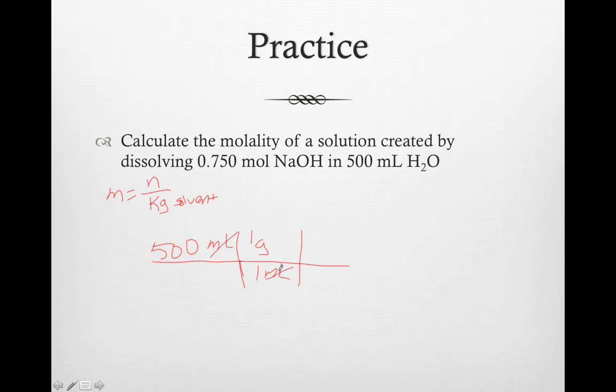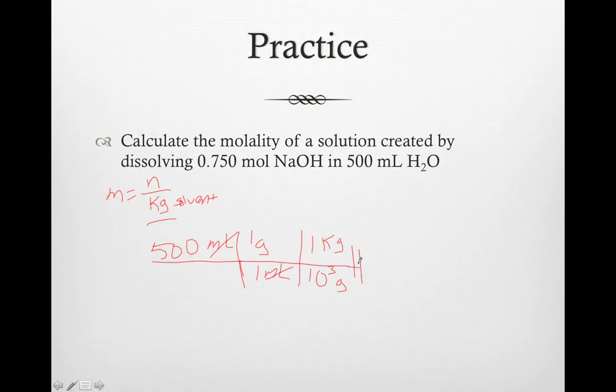Milliliters are on top, milliliters on bottom, which leaves me with grams on top. But I need my final answer in kilograms. So to go from grams to kilograms, I need to know that 1 kilogram is the same as 1,000, or 10 to the third grams.